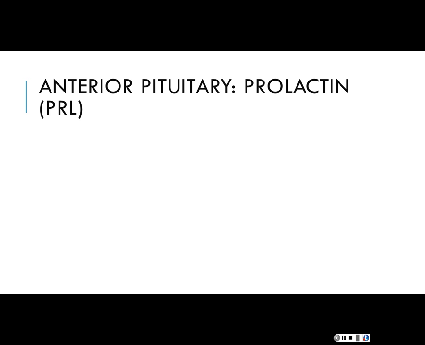What's it called? Prolactin inhibiting hormone. Can you handle that, right? It stops the release of prolactin. So there are two antagonistic tropic hormones from the hypothalamus that promote the release or inhibition of prolactin.